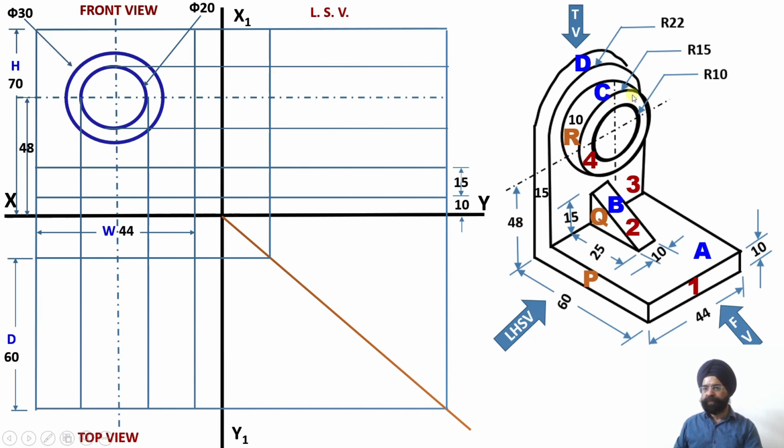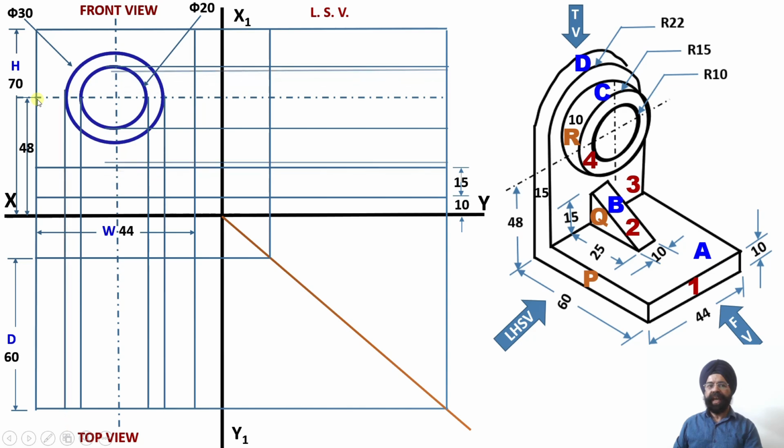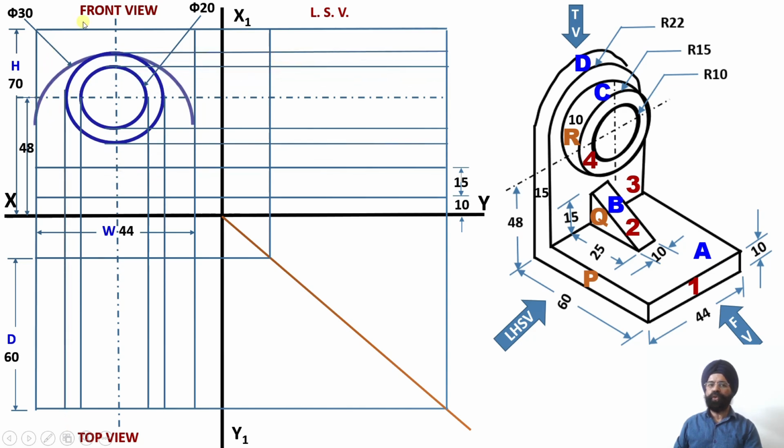Now, after drawing this web, I need to complete the construction regarding this arc. I know the radius of the arc. From this center, the radius of the arc will be 22 millimeter. That is, this will become the diameter over here. So from this point, I will take the radius as 22 millimeter, and this circular arc will be drawn.